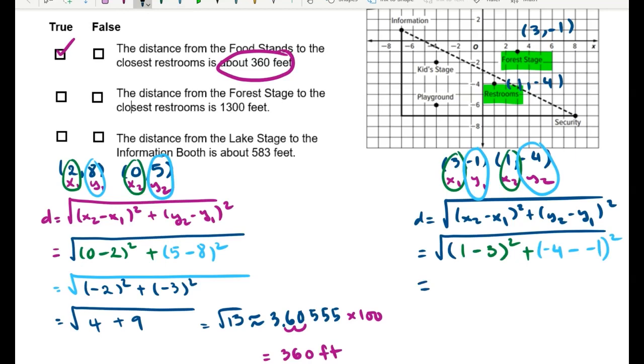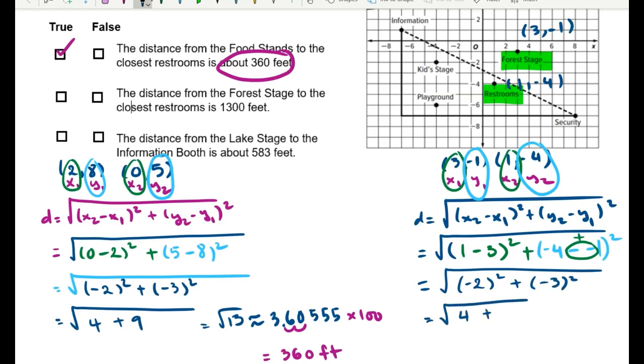We have a negative and a negative that turn into positive. That gives us the square root of (1 minus 3, which is -2) squared, plus (-4 plus 1, which is -3) squared. So -2 squared gives 4, plus -3 squared gives 9. That is the square root of 13, and we did this before.